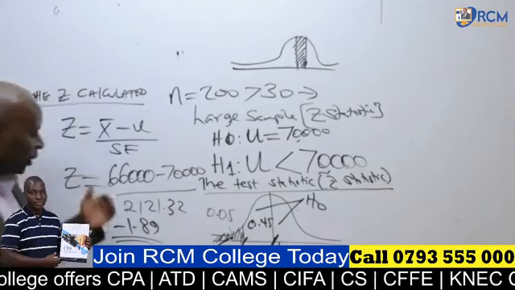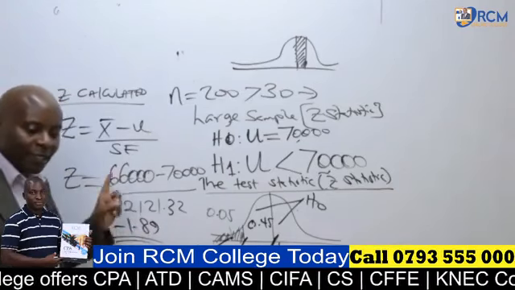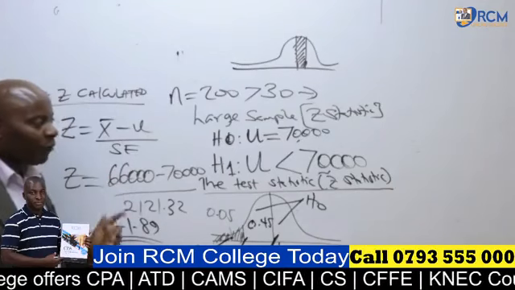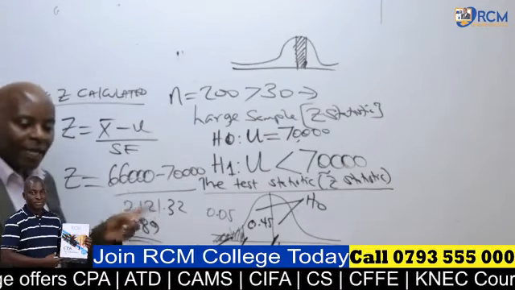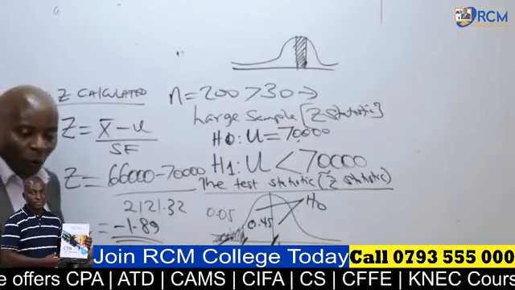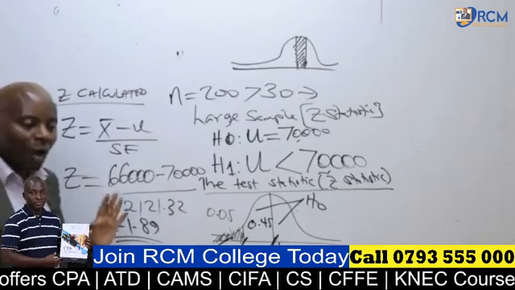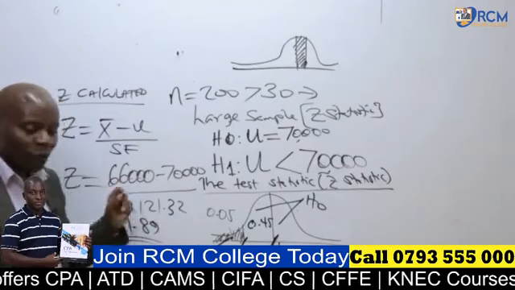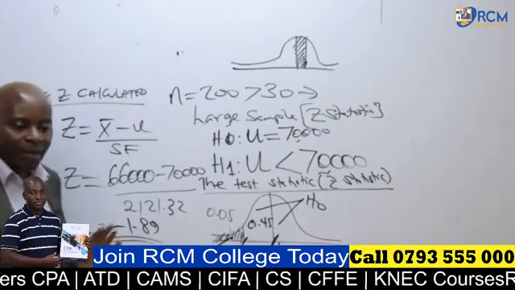Yes, so you tell us that negative 1.89 falls in the shaded area, and therefore we accept H1, because shaded area is for H1.